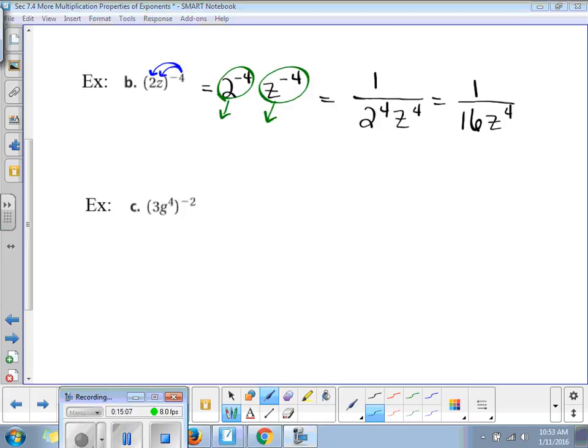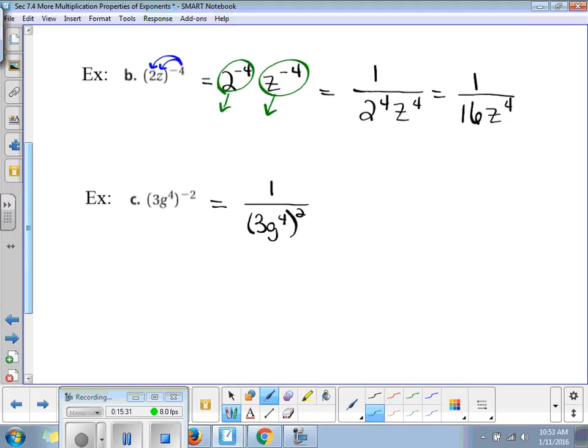For example, C, because the negative is connected to the entire parentheses, can I just flip the whole thing altogether? Yeah. So this is going to be equal to 1 over 3g to the 4th, now to the positive 2. And now we can apply that 2 to everything inside the parentheses.